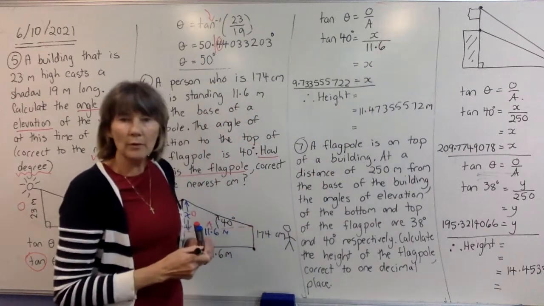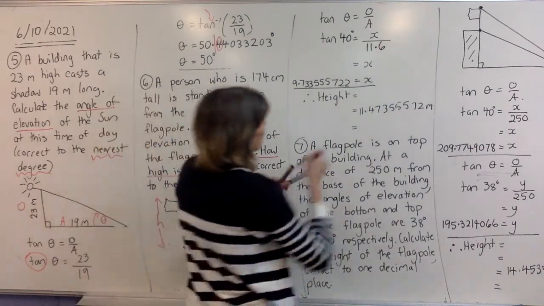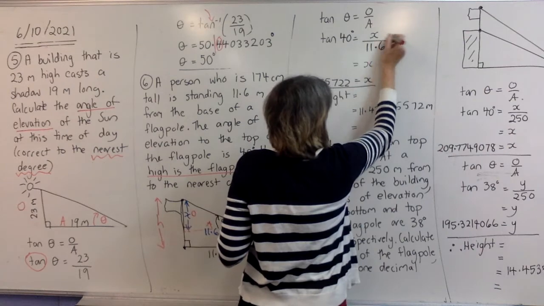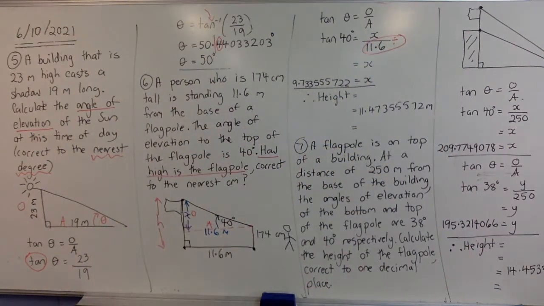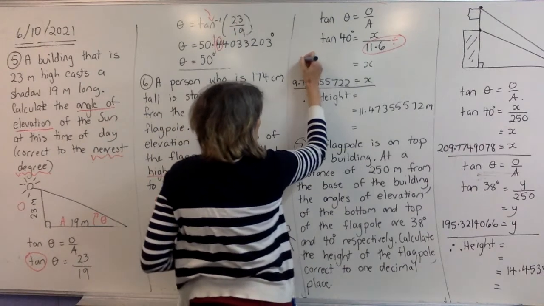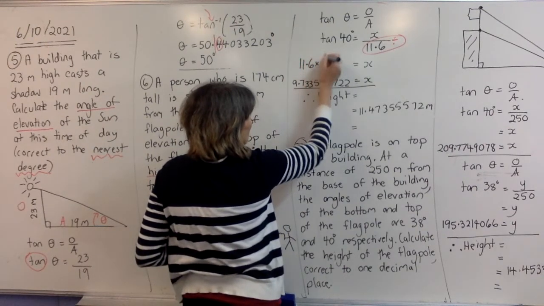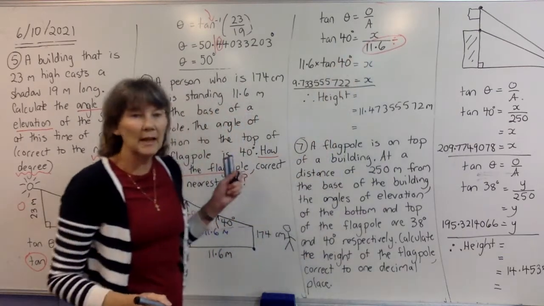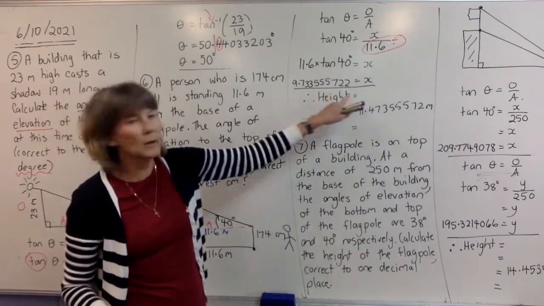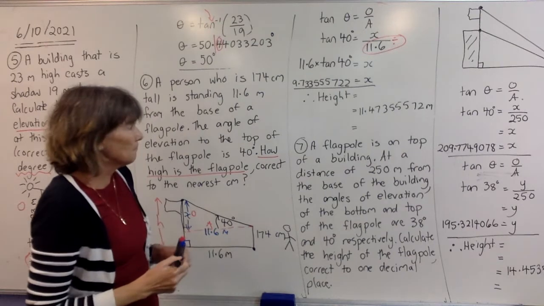Okay, so we're now solving our little equation that we have up there. So we're going to get rid of divided by 11.6, come to the other side, and times by 11.6. Okay. Put that in your calculator, press equals, and you'll end up with the answer I've got there.